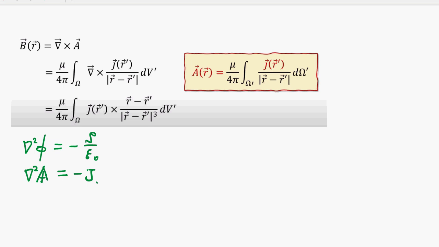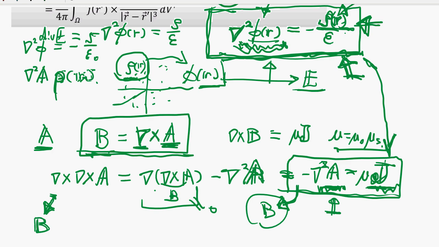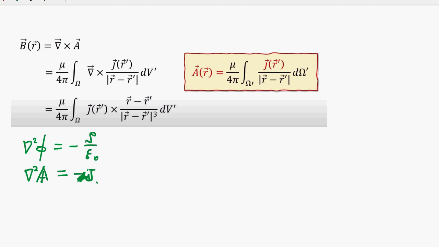What's good about Poisson's equation? You can calculate the E field by taking the gradient of phi, right?